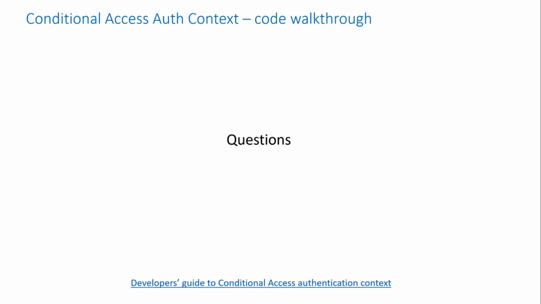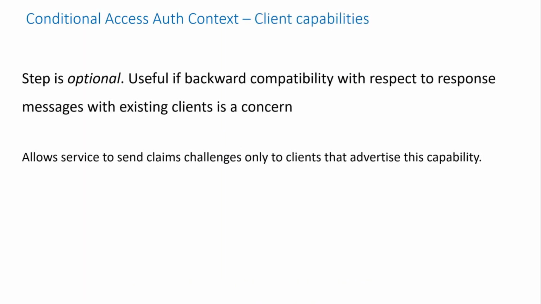I will then move to the next feature, which is called client capabilities. Client capabilities is optional. It's something you might have seen in our code. It's useful if you are an app developer and you have an API which has to support legacy clients which do not understand the claims request and claims challenges, and you might want to change your behavior depending upon whether the client understands the new protocol extensions.